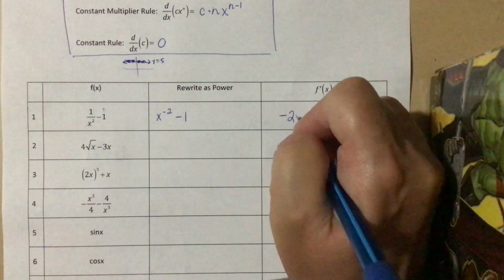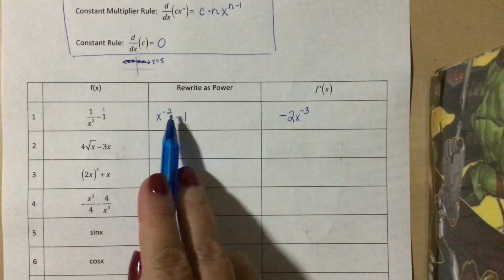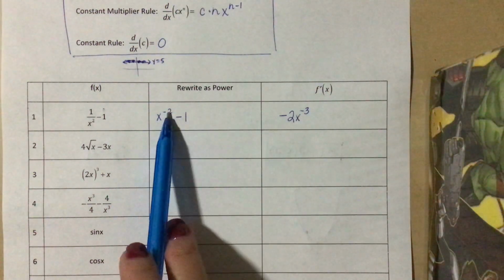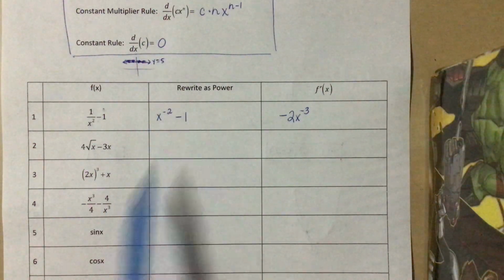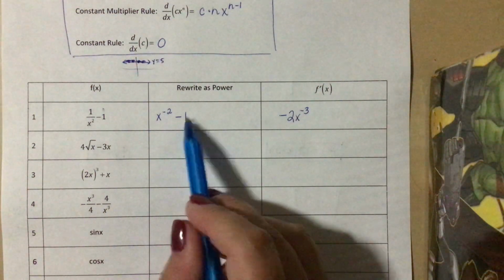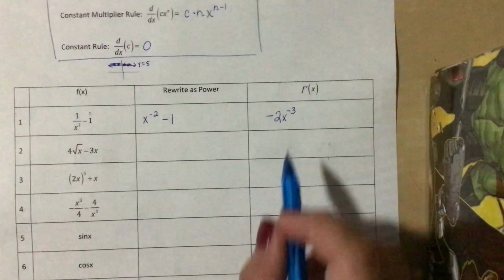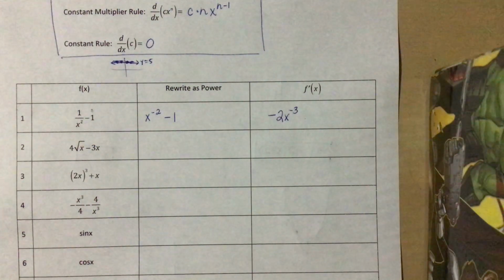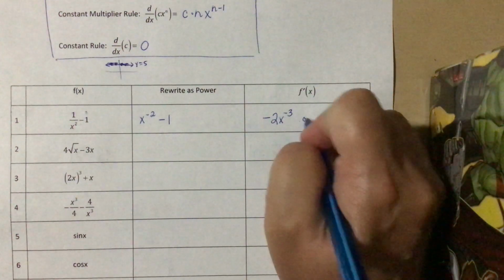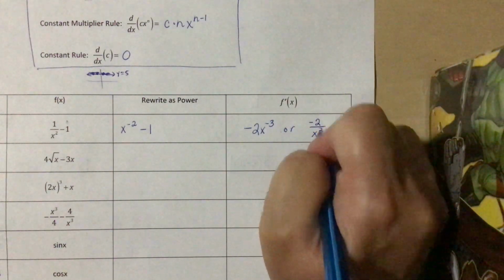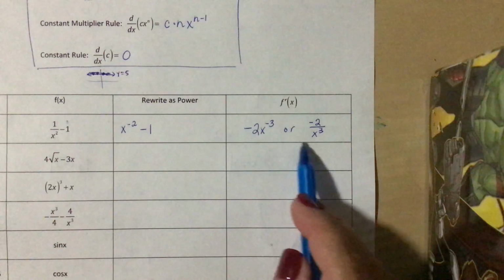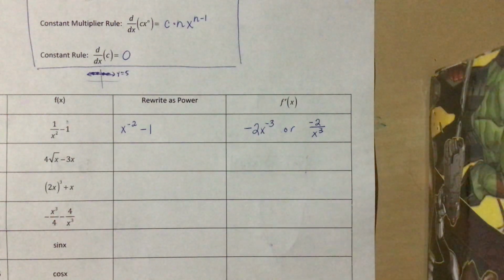It's negative 2x to the negative 3. Okay, remember I'm subtracting 1 on the power. And then the derivative of a constant is 0, so the derivative of minus 1 is nothing. Okay, so this is a fine way to write the derivative, or we got to recognize that that is the same thing and back in a rational format as this particular function.